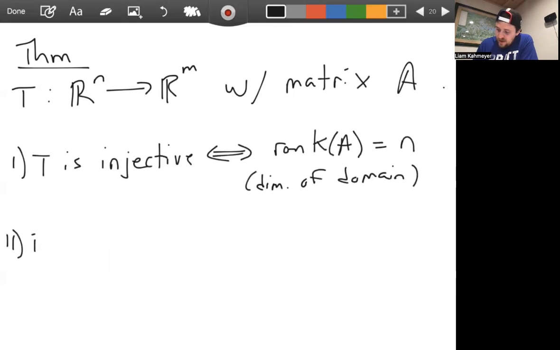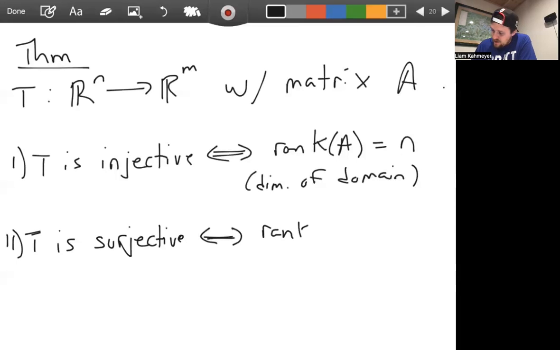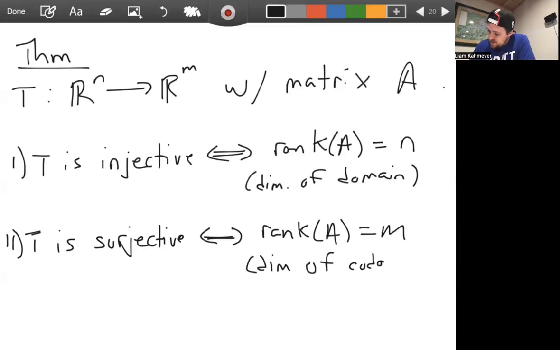And then T is surjective if and only if the rank of A is the dimension of the codomain, which is also, since it's injective, the dimension of the image, but I'll say of the codomain, right? Surjective maps, the image of the map is the entire codomain.